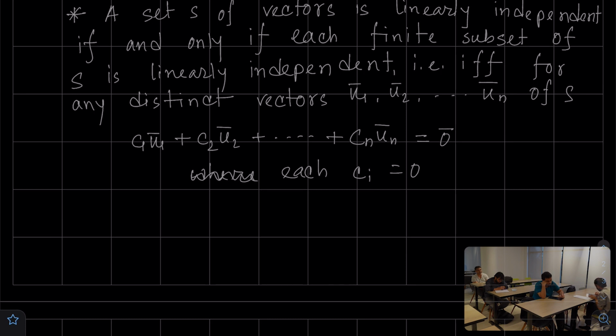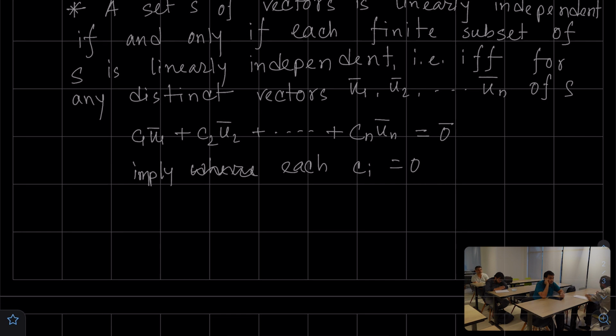When you say 'where Ci equals 0', you assume that Ci is 0, but you want the sum equal to 0 to imply that each Ci is equal to 0, right? When you write 'where', it means something else.